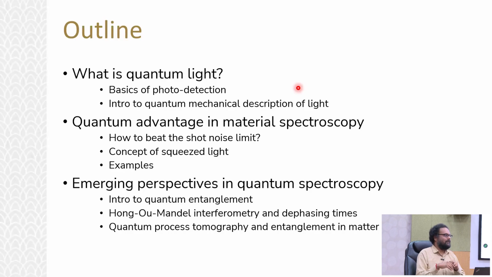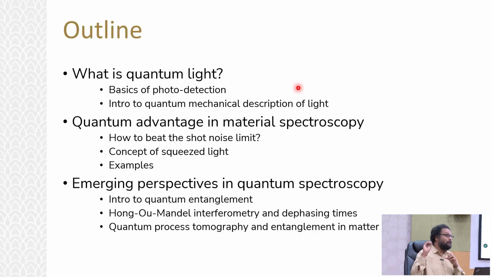We will define what that shot noise limit is, it's also sometimes called the standard quantum limit, and we will see how using what we call squeezed light, we can go beyond it. Okay, we are not the only ones, and we are not the first ones to think about this. There is also a spectacular tool called LIGO, which measures gravitational waves, and this uses squeezing.